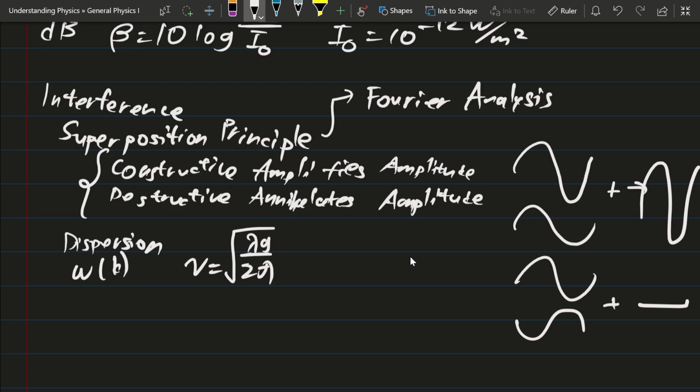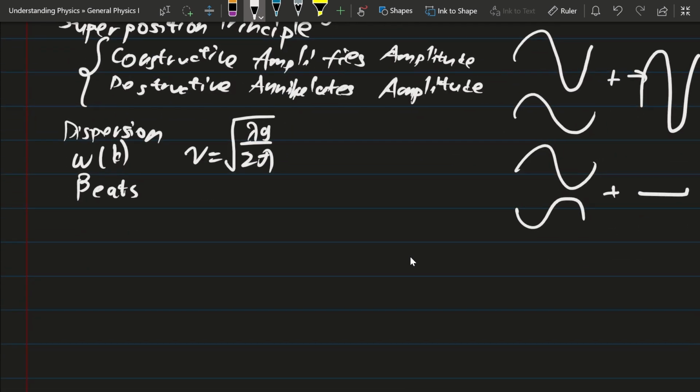There's also another part that is useful for us to understand interference, which is something called beating. The way that I'll try to describe beating is by taking an example.